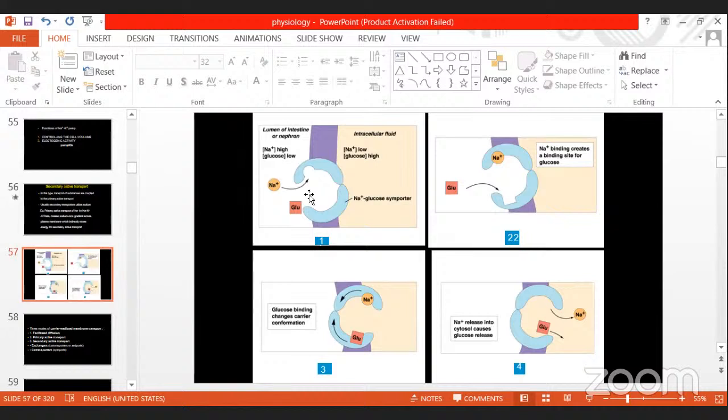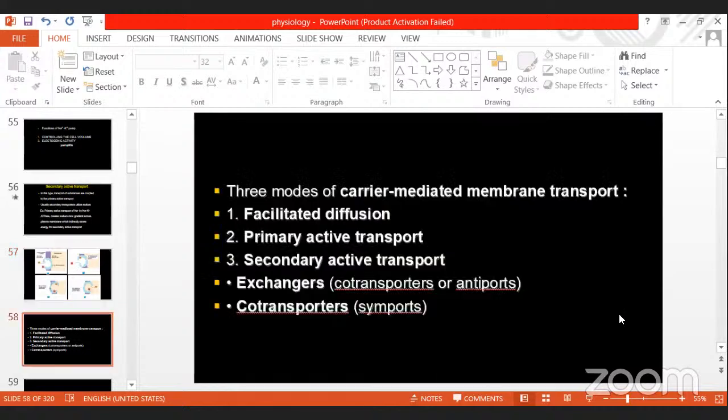Sodium will move from the high concentration to the low concentration, and there is a site for glucose. So along with sodium, glucose also enters into the cytoplasm.